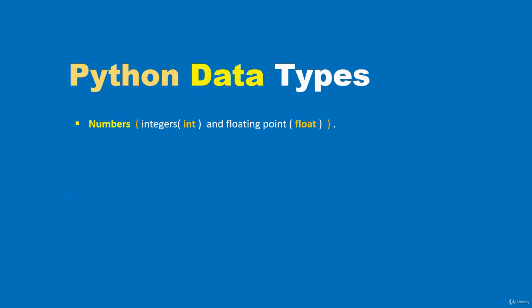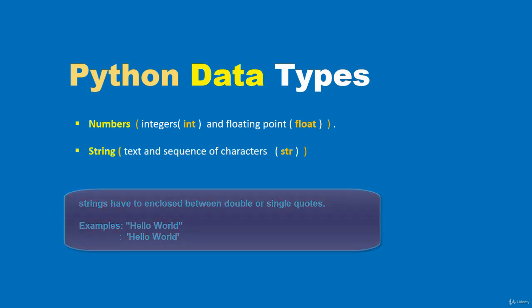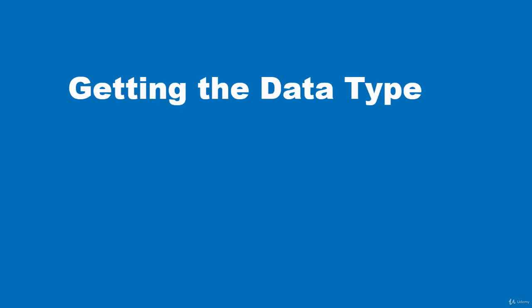We also have the string data type, which is text or a sequence of characters, also referred to as str. And then we have the Boolean data type, which is a true or false value, also known as bool. You can get the data type of any object by using the type function in Python.